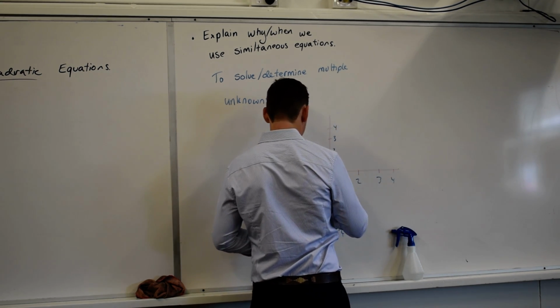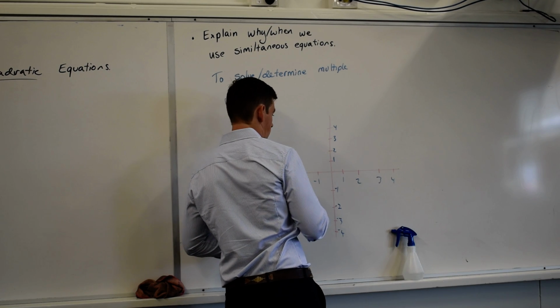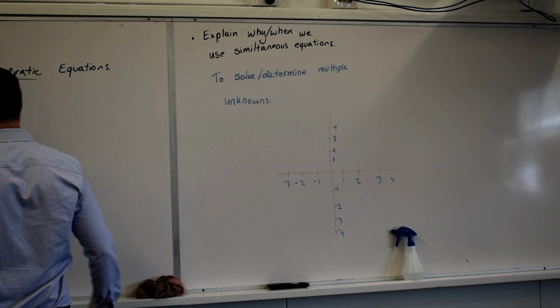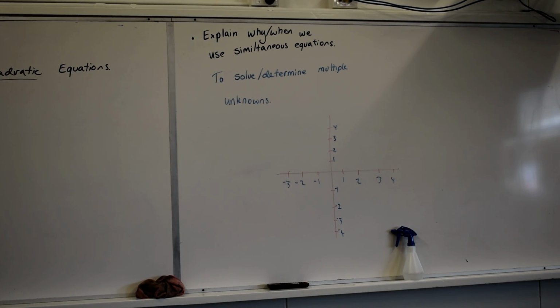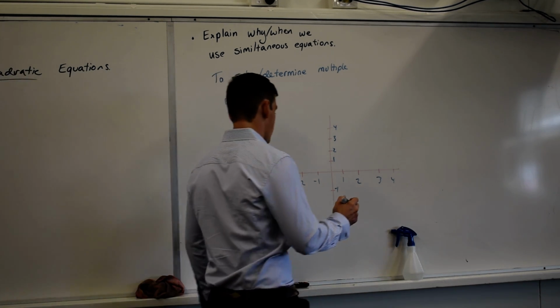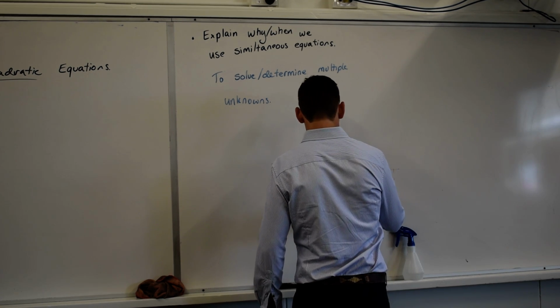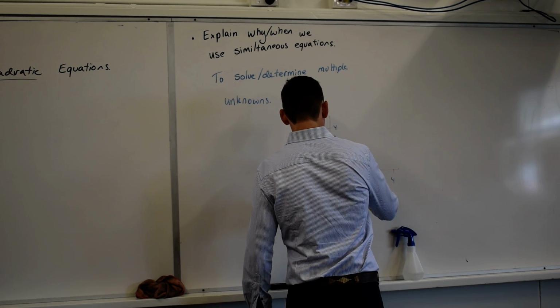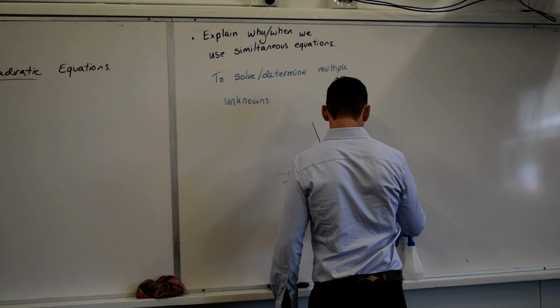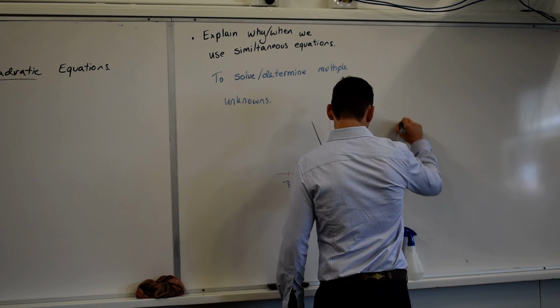So here's my graph. Now I'm going to create a quadratic on that graph. You can create your own, but I'm going to create one that has a turning point here and goes through this point here. That's a really good graph, isn't it?